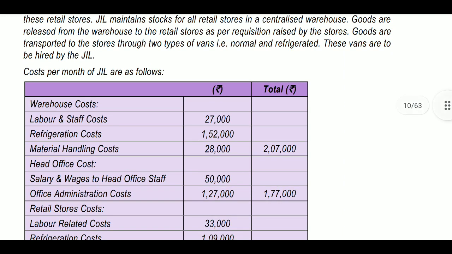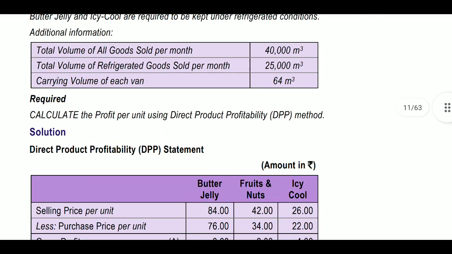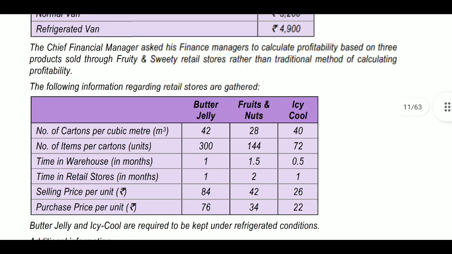Okay, firstly we will see what is required. Calculate profit per unit using the direct product profitability method. So for DPP we will calculate the DPP statement to get the profit, and after that we divide by the units to get the per unit basis.